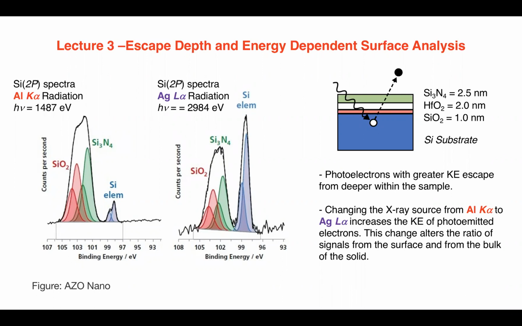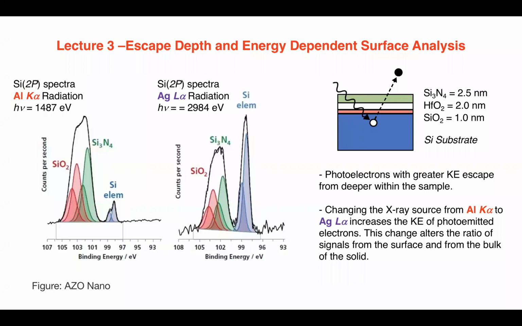You can see here in this sample, a silicon substrate with all these layers on it. You see a lot more of the interior of that material when you use silver radiation that has a higher energy. The photoelectrons coming out come from deeper within the sample.